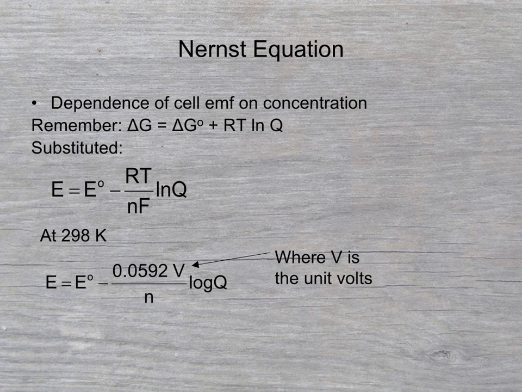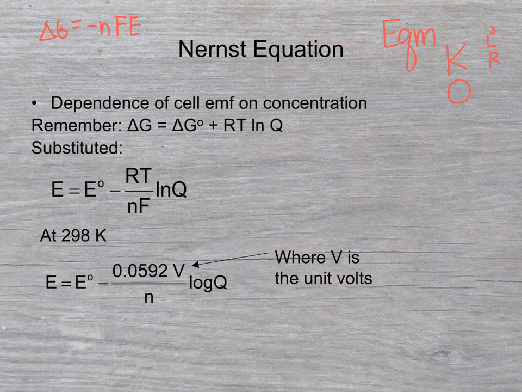To add another complication, we just did our delta G equals negative NFE values. We have a new equation called the Nernst equation, and this Nernst equation is how we're going to link in equilibrium. In equilibrium, we had a constant of K, the reaction constant, where we took the products over the reactants.